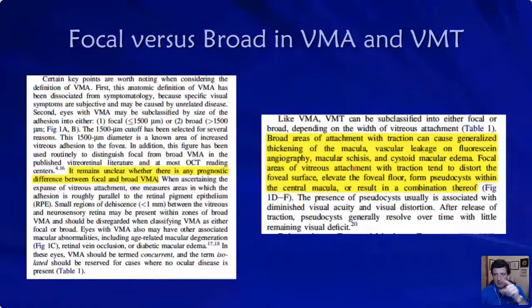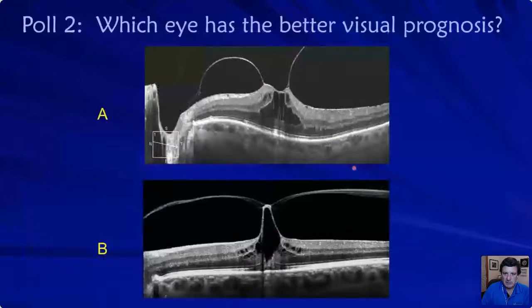So it's the vitreomacular traction, focal versus broad, that you want to watch closer. When a patient comes in and I see a vitreomacular traction, and it's a focal, I don't say I'll come back in a year, right? I say I'm going to follow you based on some of the findings. Sometimes it's 2 months, sometimes it's 9 months. Depending on what I'm seeing, I follow the patient, because you can start getting some changes.